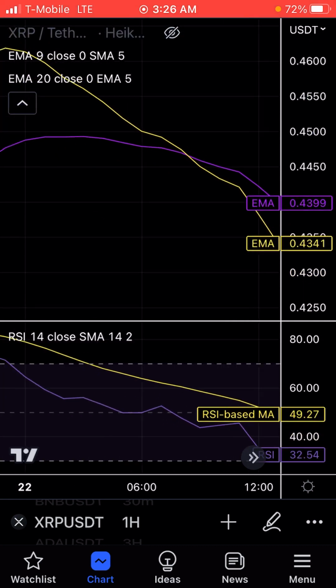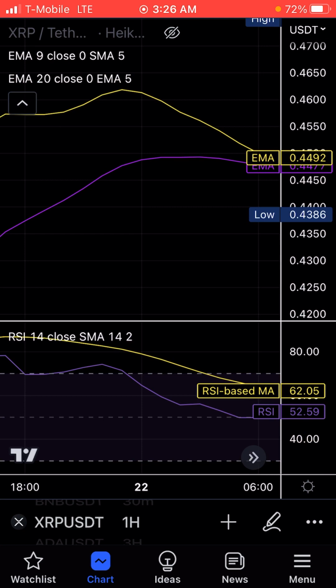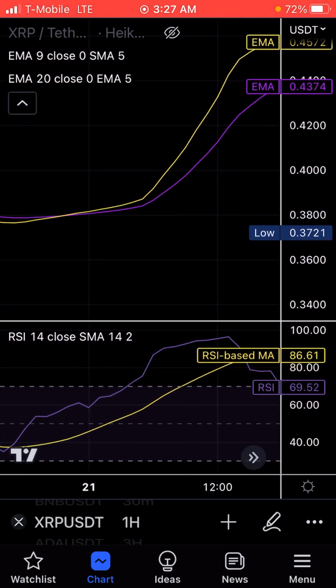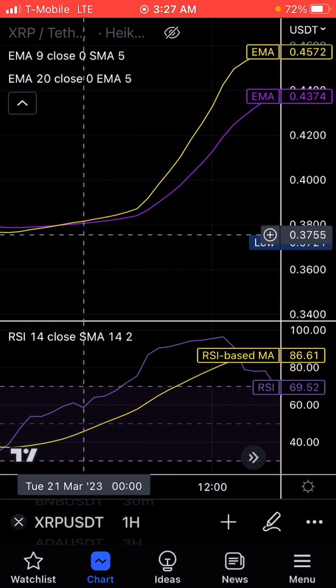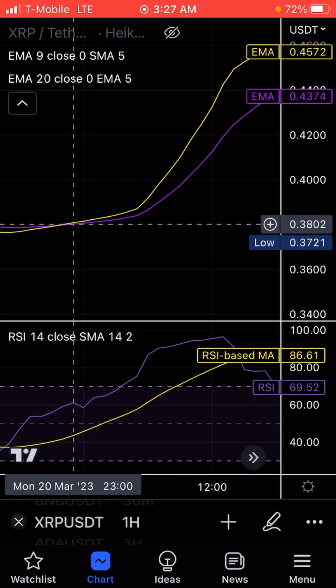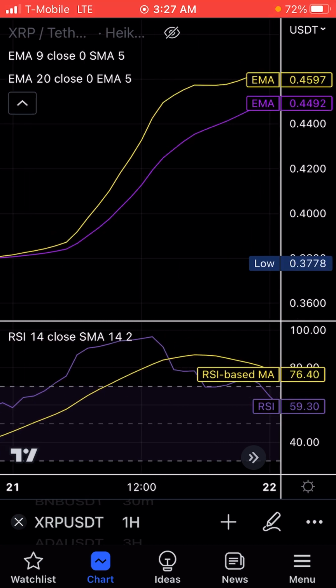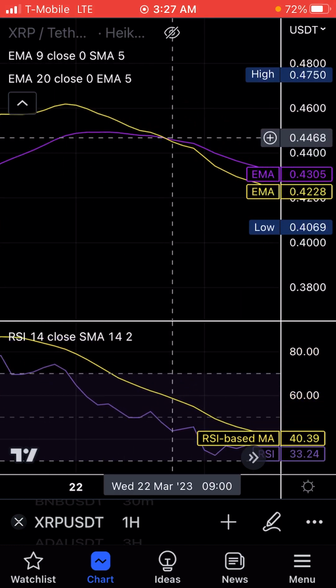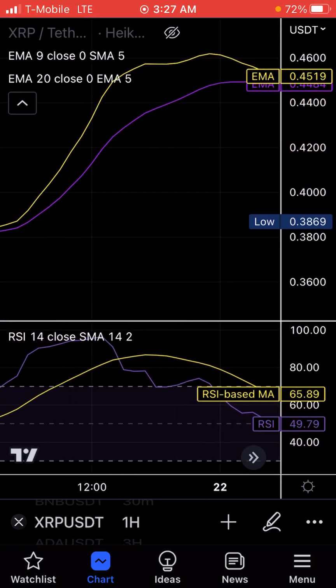So let's just look at another scenario here. Let's see, it crossed down here, we would do a long right here. This is 38 cents. And then it crossed again at 44 cents. So that is a big gain right there.